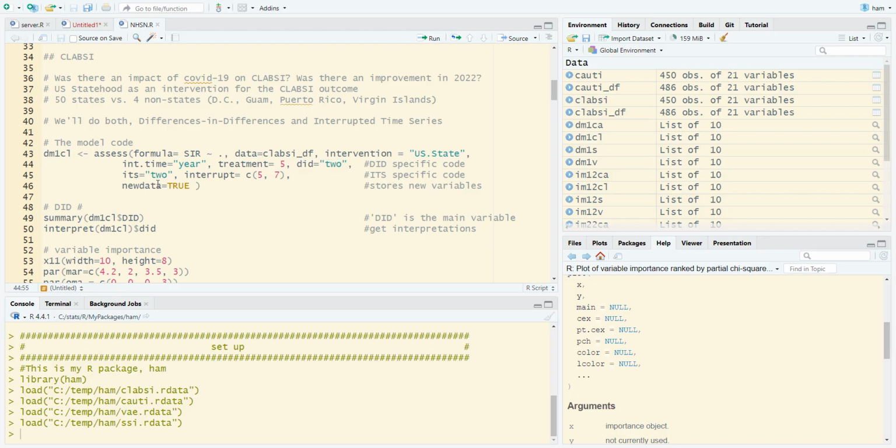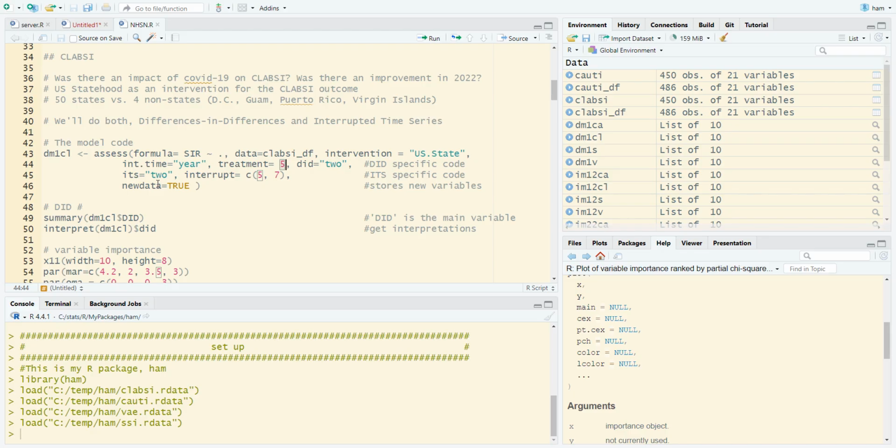We're going to look at a pre and post, so we have 2 time points, whereas for ITS, that 2 refers to the number of groups, which are our intervention and our control group. And we have interruptions, similar to a treatment period. Treatment equals 5 means that it's the 5th year of this data from 2016 through 2024.